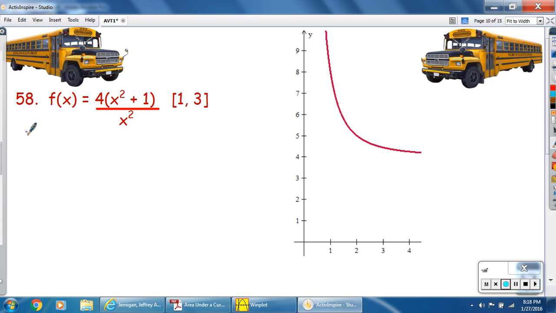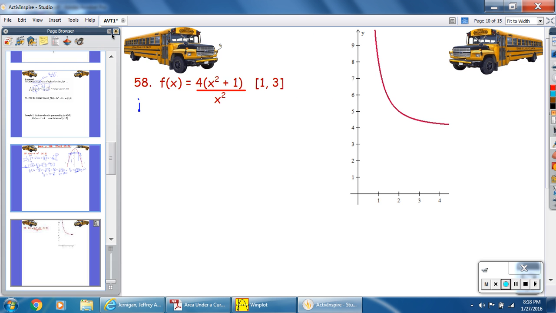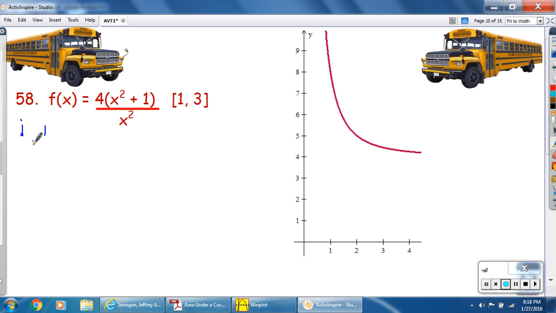Alright, the next problem, we're going to find the average value. Remember, the average value is 1 over b minus a, so that would be 1 over 3 minus 1, and we would go from 1 to 3. Now notice what I'm going to do with the function.